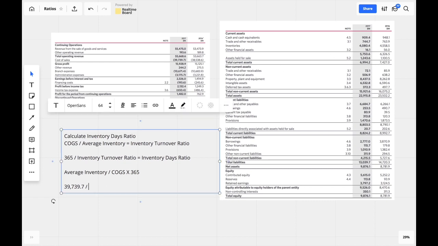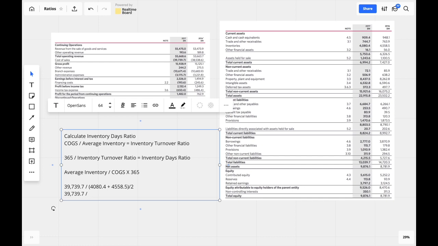The way to do that is to take the two numbers, 4080.4 and 4558.5, add them together, and divide that by 2. That is then divided into the cost of goods number. So first, 39,739.7 is our cost of goods number.